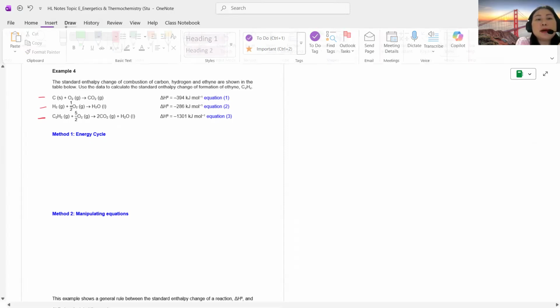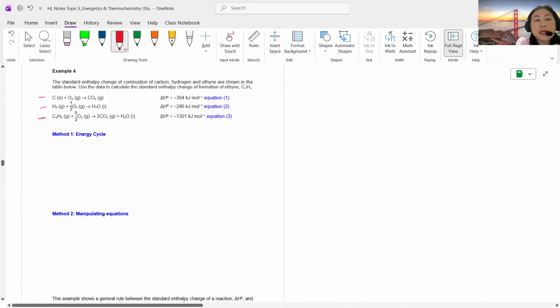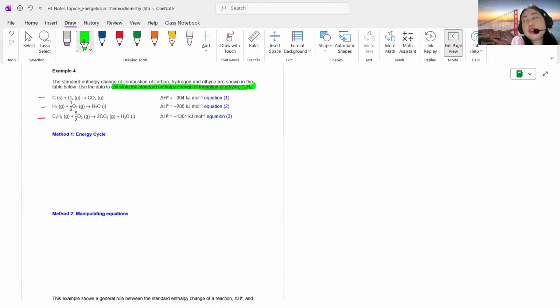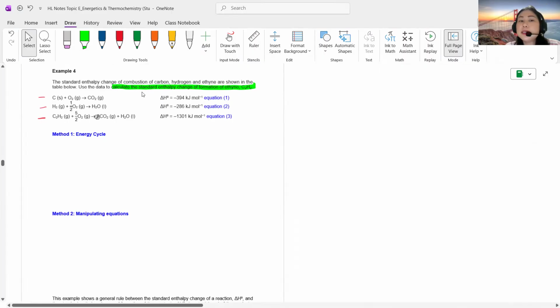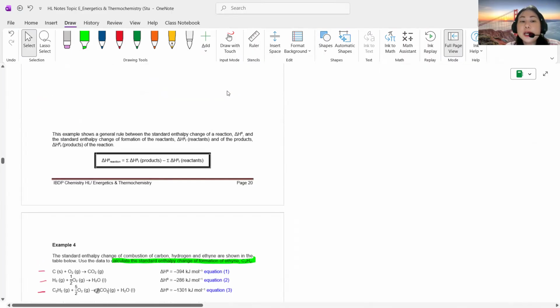So I need to come up with this equation in green. The equation in green is not given to me. I need to come up with the equation in green. How do I come up with it? So we go back to the definition of standard enthalpy change of formation. Okay, calculating enthalpy change of formation. So we need to understand what is enthalpy change of formation.